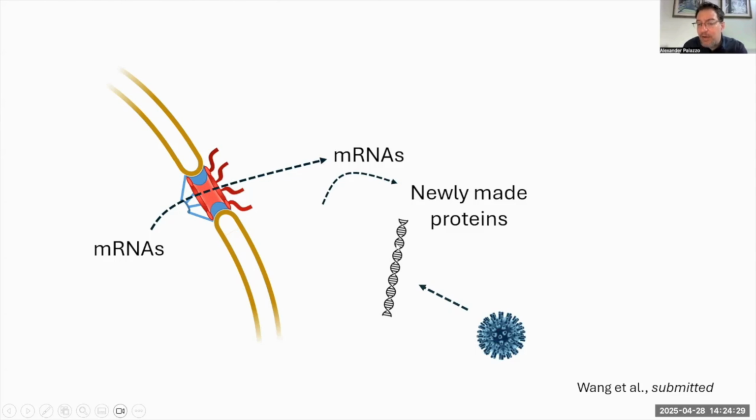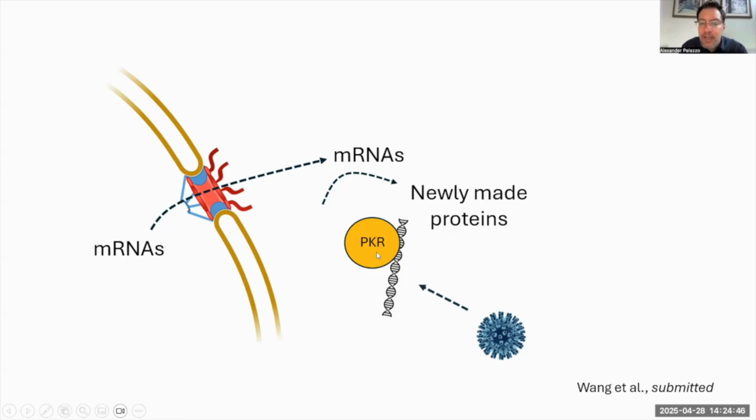Double-stranded RNA is a signal that a virus is inside your cells. This is recognized by several innate immune response modulators, and one of these is PKR, protein kinase R.